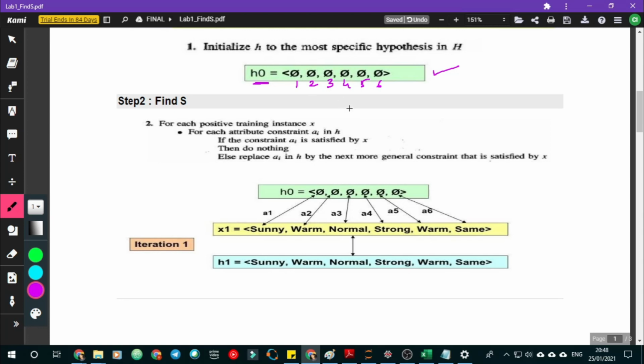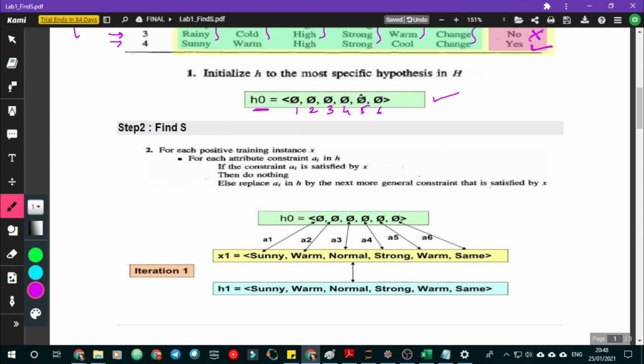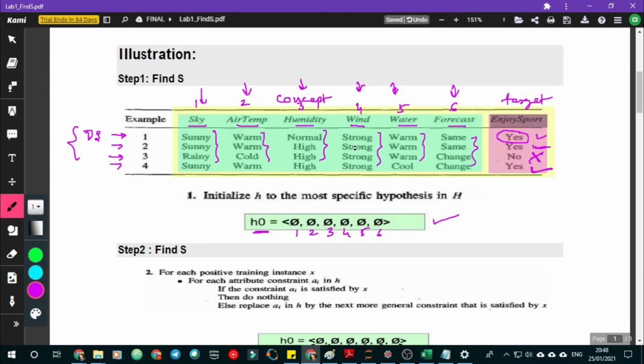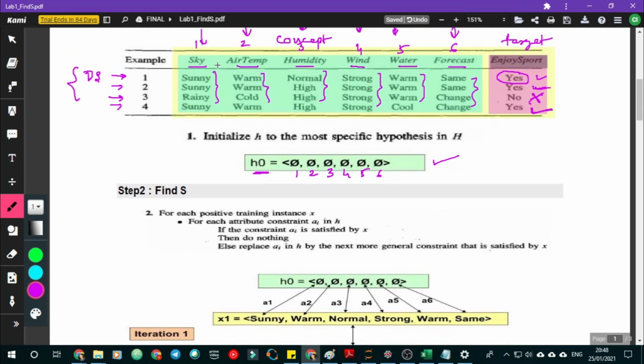Because we have 6 attributes, 1 2 3 4 5 6. That's why we have taken 6 null values. If we had 8 attributes, then we would have taken 8 null values. And this is the target value. We are not considering this while we are making a hypothesis.